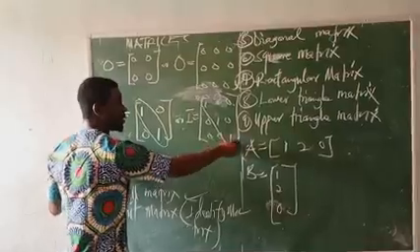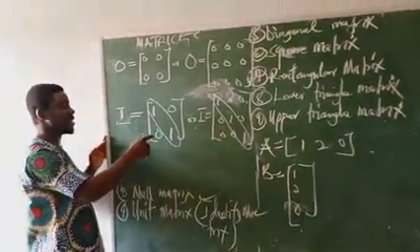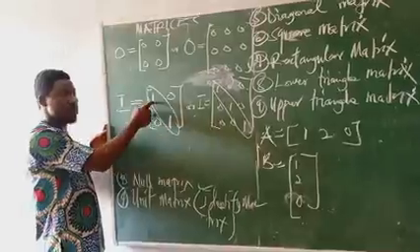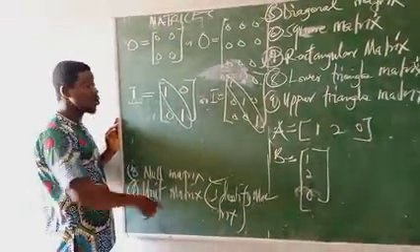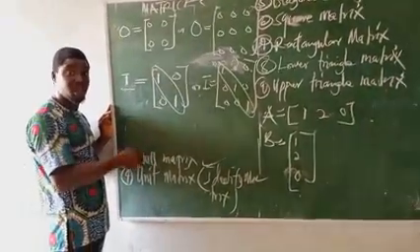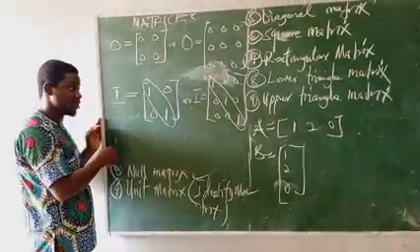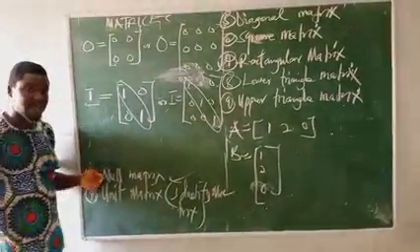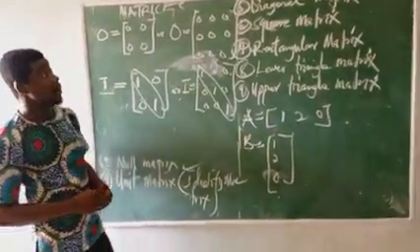So you can see that the elements in the principal or leading diagonal are equal to 1, and every other element in the matrix is equal to 0. When you see a matrix like this, it is referred to as a unit matrix or an identity matrix. So you can call this one a 2 by 2 unit matrix, and this one a 3 by 3 identity matrix. So that's the meaning of the unit matrix.